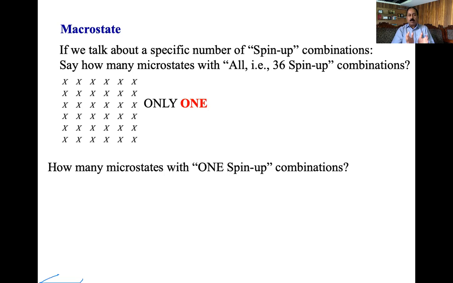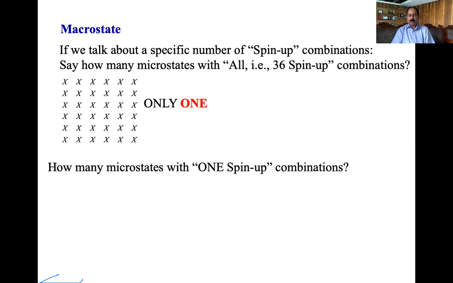So out of this 6.9 times 10 to the power 10 microstates, only one microstate is possible to have all spins in the up direction. So this combination of such microstates is known as a macrostate.